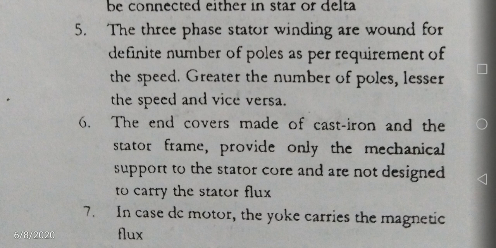In a DC machine, the function of the yoke is similar to the stator frame of an AC machine. But in a DC machine the yoke carries half of the flux and supports the field poles, whereas in an AC machine the stator frame carries no flux. That is the basic difference.